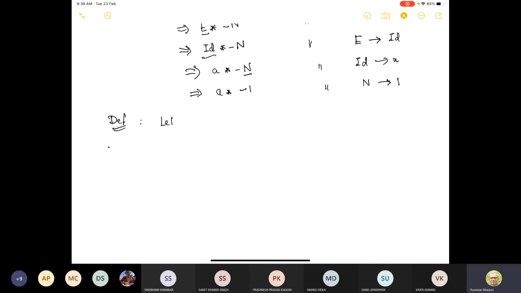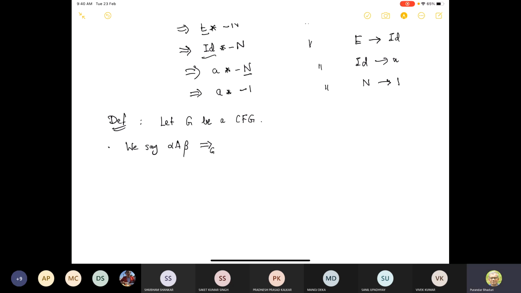Let G be a grammar, a CFG, context-free grammar. And let's fix that. So we say alpha A beta derives in one step.